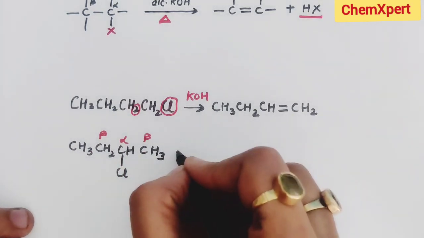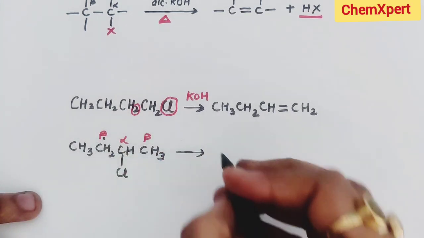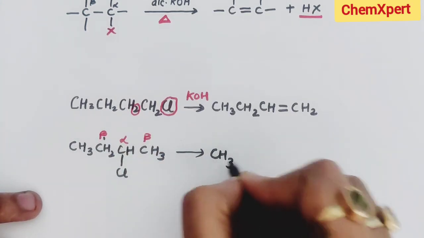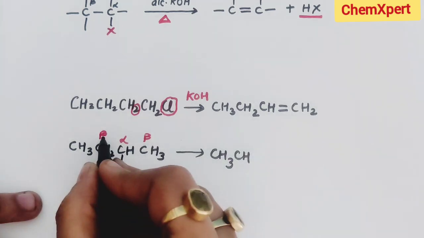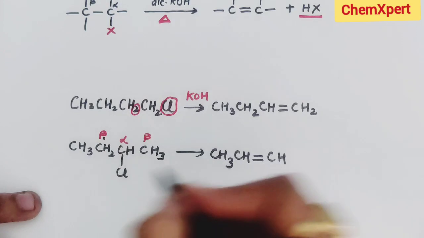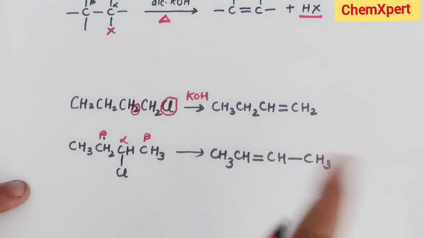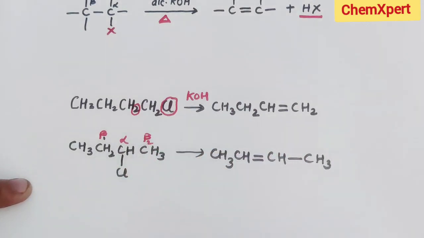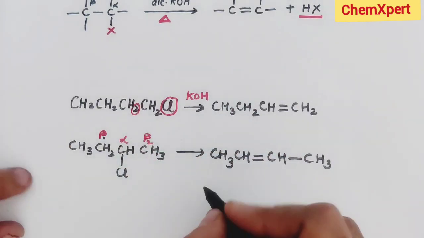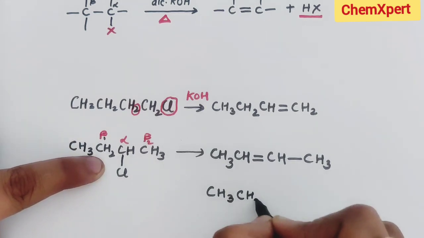So what happens in this case? When we remove this beta 1 first, the product will be CH3, CH, this H is removed here, double bond, CH because this Cl is removed here, and CH3. Second option, if this beta 2 is removed here, then the product will be CH3, CH2 will remain CH2.